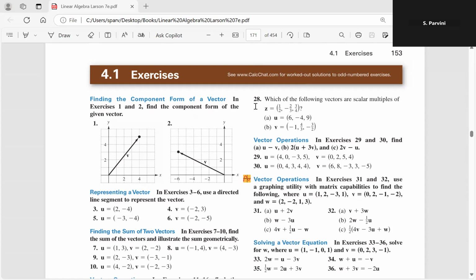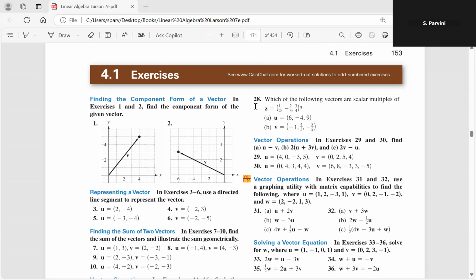U is 6, negative 4, 9. So how do you think we're going to go? It says, which of the following are scalar multiples? So what do I need to do here? This is part A, and part B, vector v is negative 1, 4/3, negative 3/2.